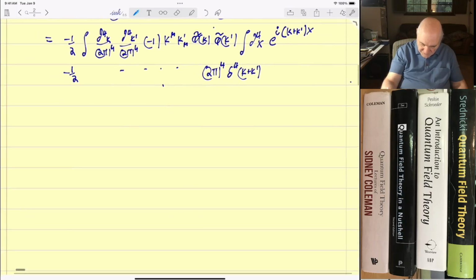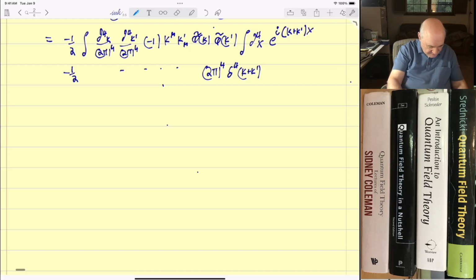And now the k prime integral is very easy because we have a delta function. So we end up getting minus 1/2 the integral of d^4k over (2 pi)^4. Notice this (2 pi)^4 conveniently cancels one of the (2 pi)^4 from the delta function.